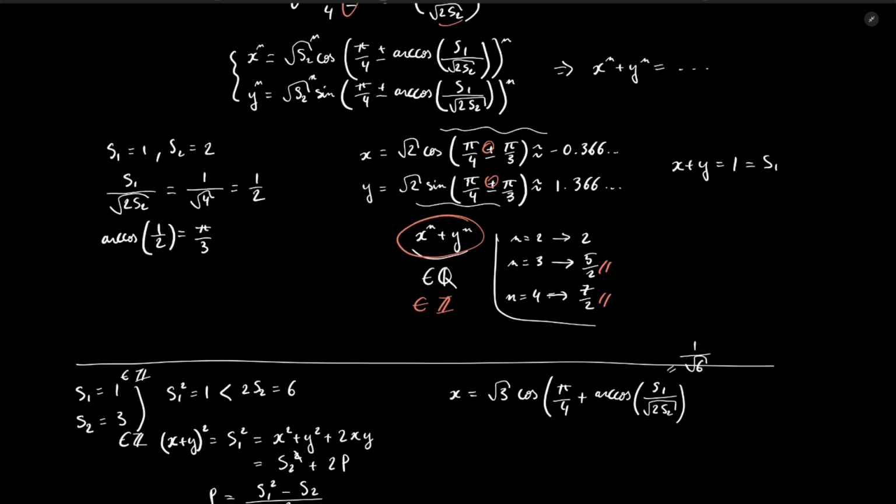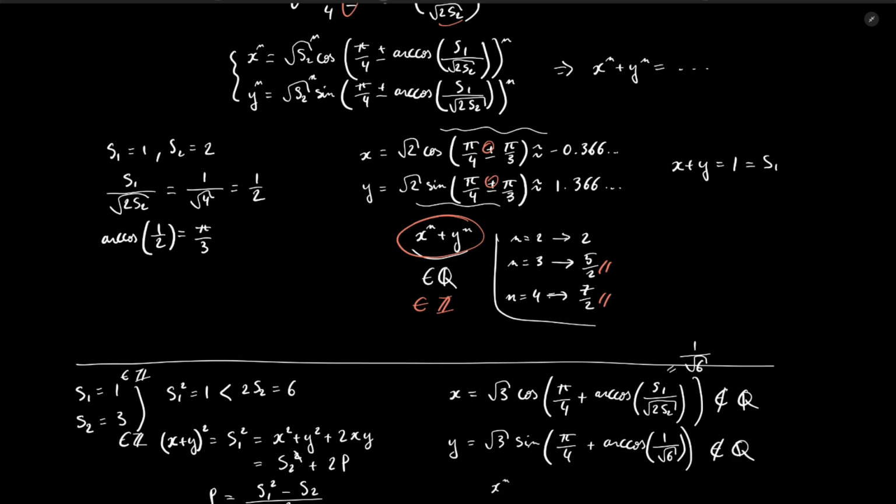And so the arc cos of 1 over the square root of 6 is not something that can be easily expressed in terms of pi. We have y that is equal to the square root of 3 times sine of pi over 4 plus arc cosine of 1 divided by the square root of 6. And you can enter those numbers in your machine and you will have a number that is not a rational number, let alone an integer.